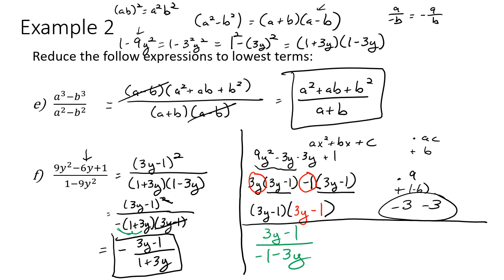It's like dividing by negative 1. So a positive 1 minus 3y over 1 plus 3y, because I didn't change the signs this time in the bottom, I changed the signs in the top, would also work as an answer. A lot of different formats, all of them simplest form.